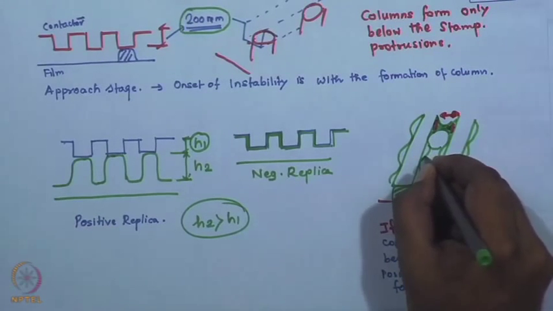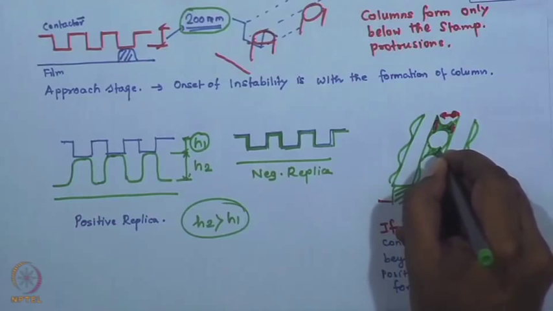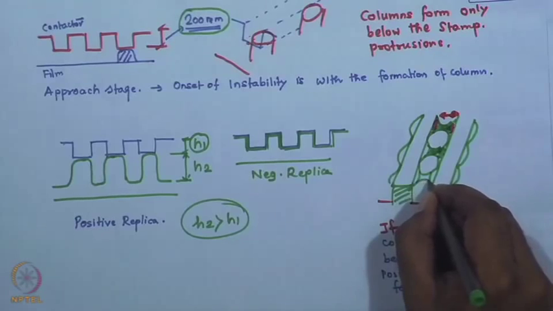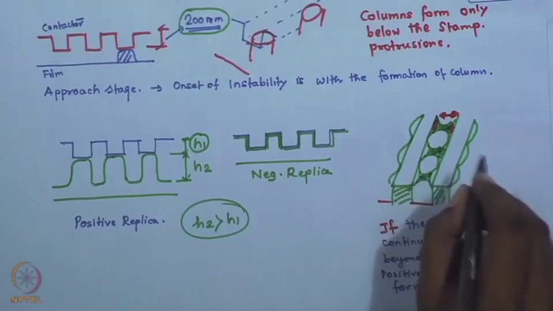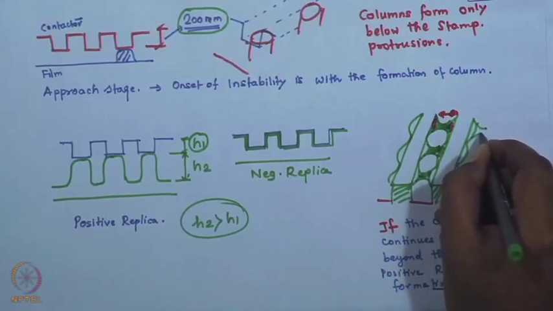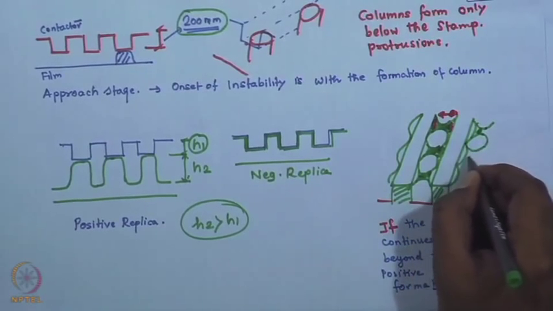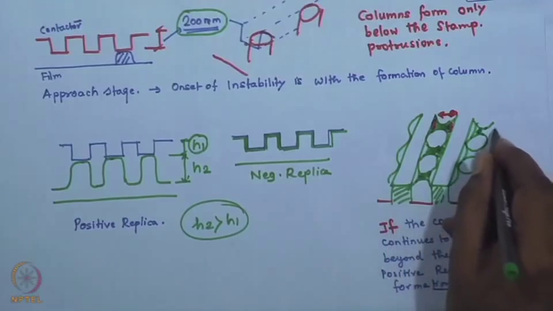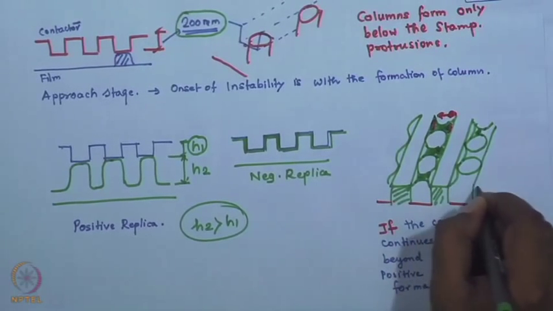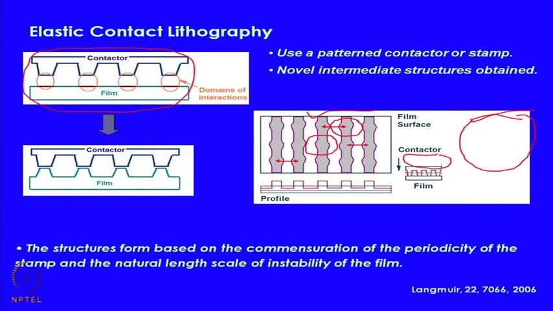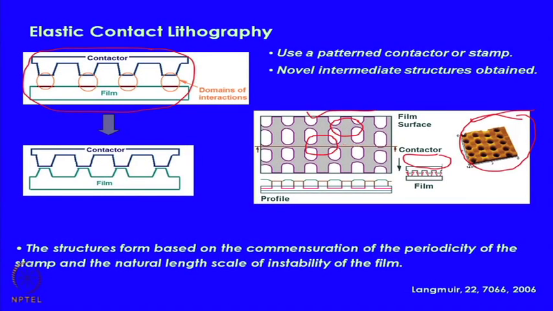This is a unique thing which is not seen in any existing soft lithography technique, that these bulges bridge up in this direction also, resulting in an array of holes.